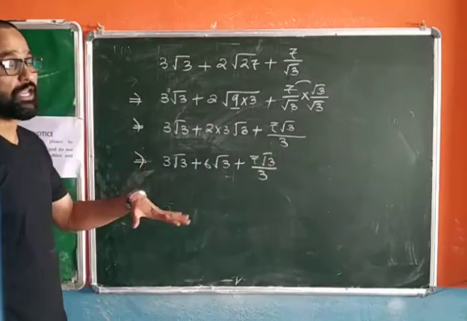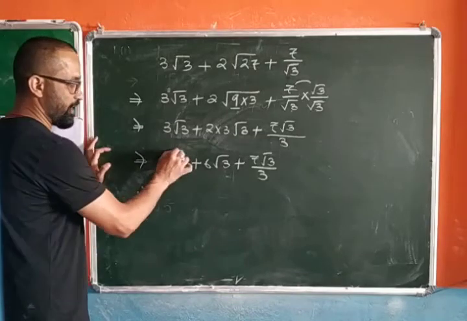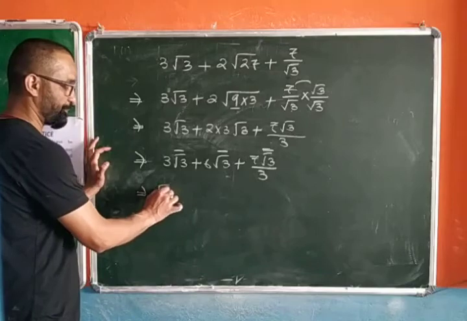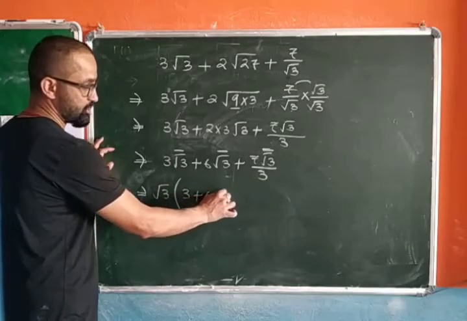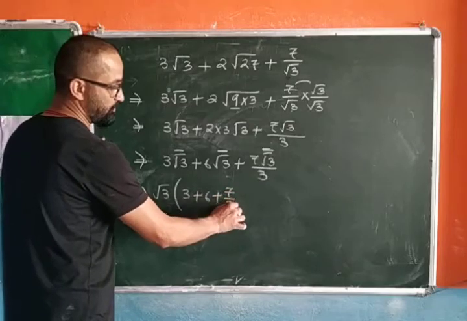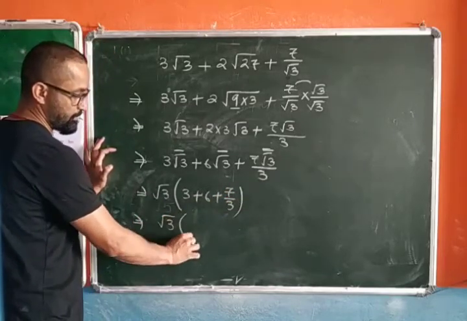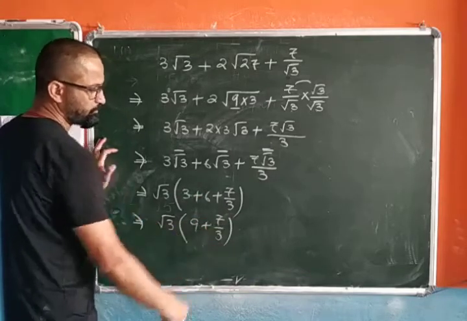I am doing the calculation by taking common. We take the irrational number common, that is the surd, root 3. You are left with 3 plus 6 plus 7 by 3. Simplify now. Root 3, you get 9 plus 7 by 3.